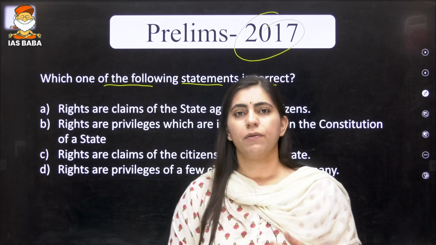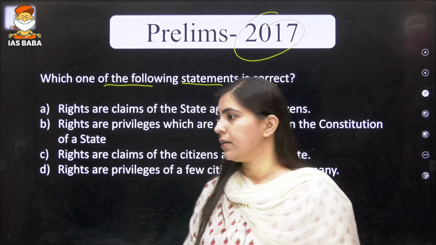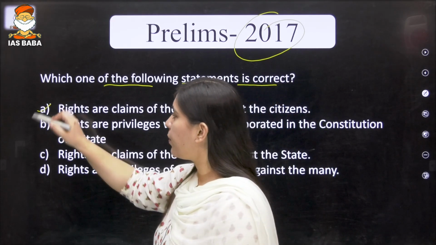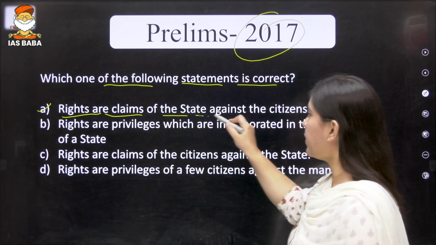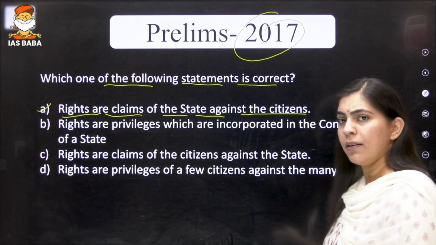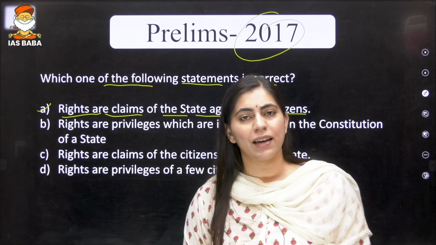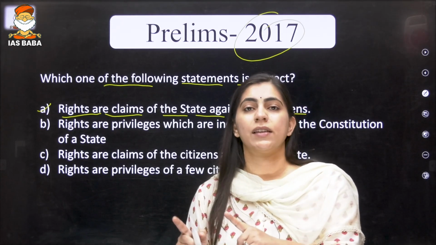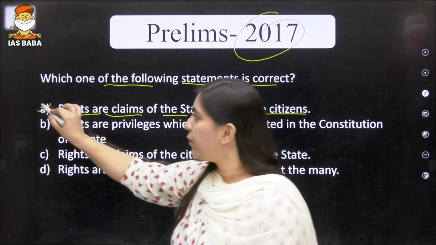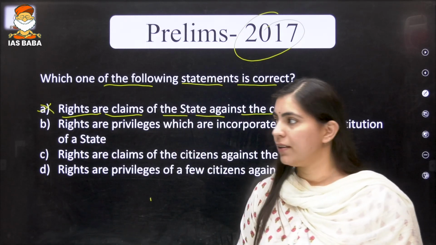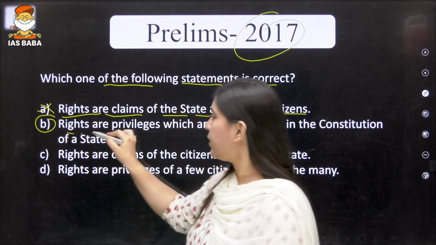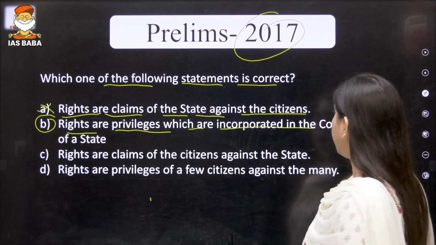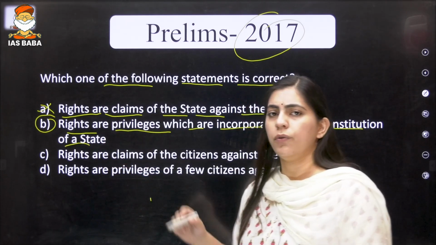This is the basic definition of a rights. Now let's try to understand the option. That rights are the claim of the state against the citizen. Is the state having right against us? No, but it is the opposite, that citizens are having rights against the state. So the first option is incorrect. Whereas second option is saying that rights are privileges which are incorporated in the constitution of a state.